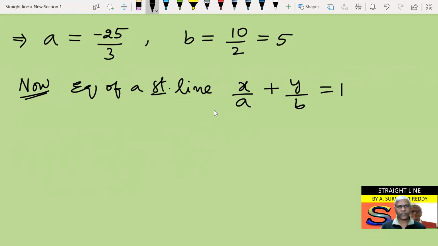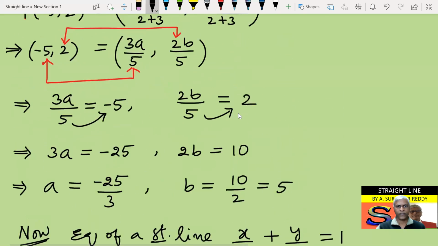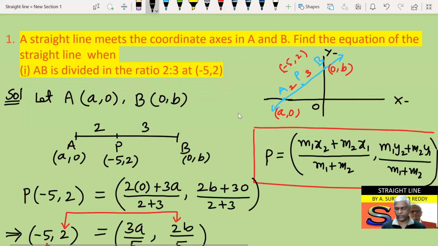So this is the equation of straight line that we have taken. A is the x-intercept. If the line cuts the x-axis at A, so this value is x-intercept, AO, and OB is y-intercept, and the equation of the straight line is x by A plus y by B is equal to 1.